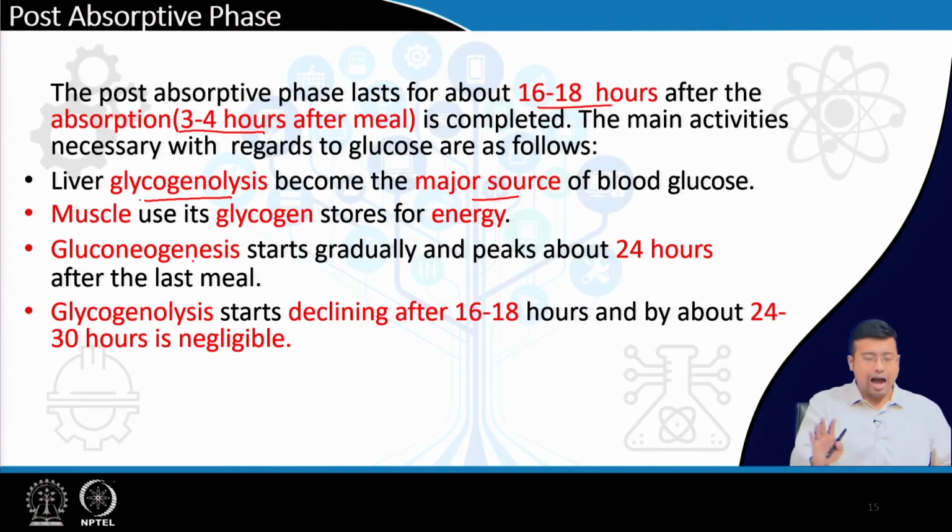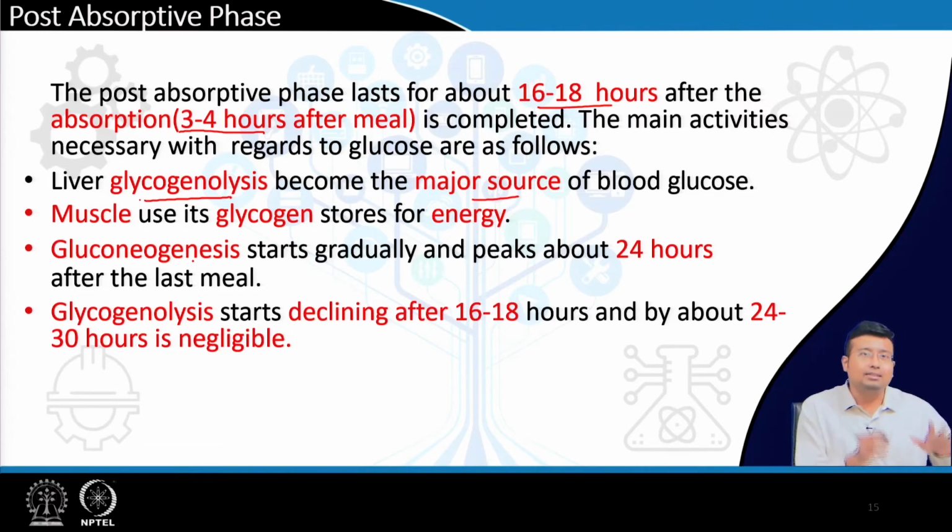glycogenolysis. After the glycogen sources are depleted, then what happens? Gluconeogenesis starts, but it only starts after 24 hours. For the first 24 hours, the continued absorption of dietary glucose as well as the breakdown of glycogen from liver and muscle maintain the blood glucose level.